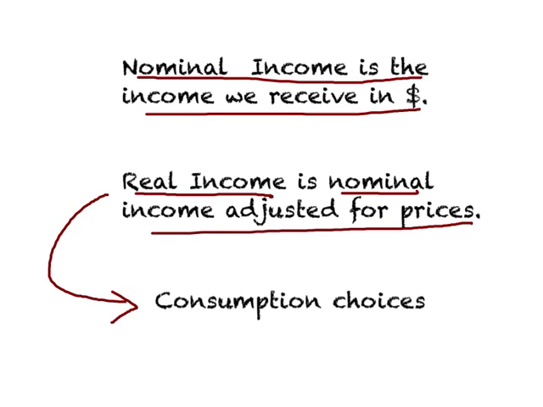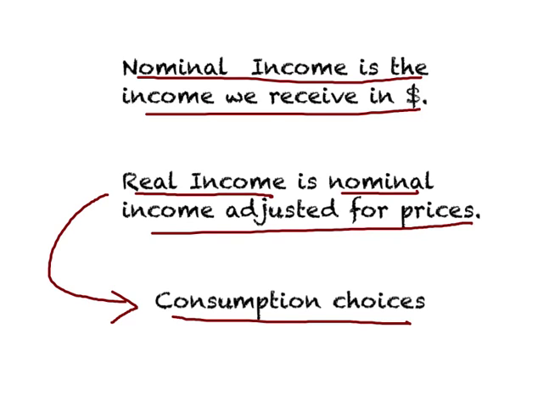Now just think about it. How can the real income of a person increase? There are only two ways it can happen. Either the nominal income increases or the prices fall. And that's how real income will increase, or this person will have more consumption choices.